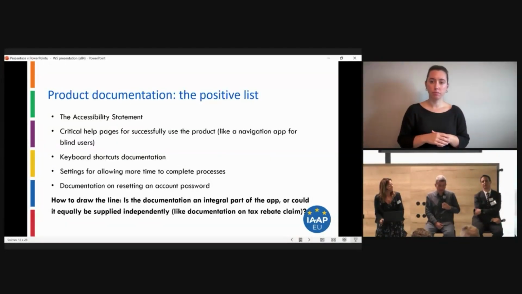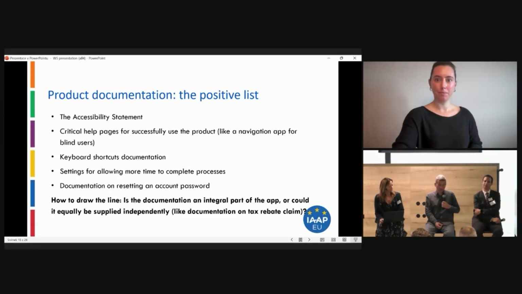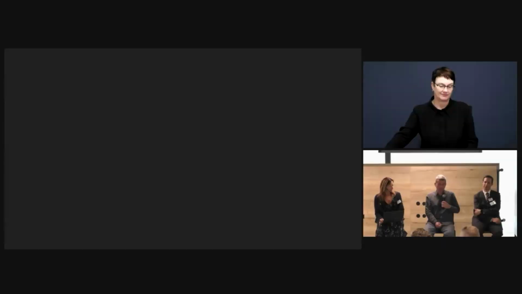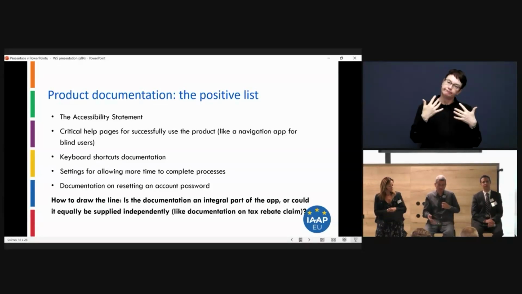Next, please. One idea was, because it was not always quite clear what counts as product documentation, we created a positive list. For example, the accessibility statement. It's also critical help pages, which are needed to successfully use a product. One example was, say, a navigation app for blind users, where you cannot really start using it without having some instruction at the beginning.